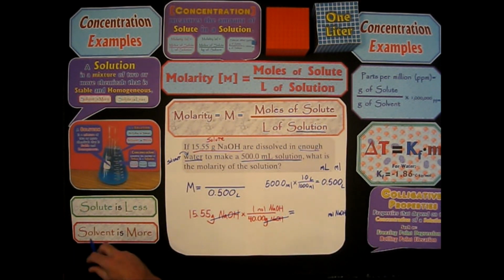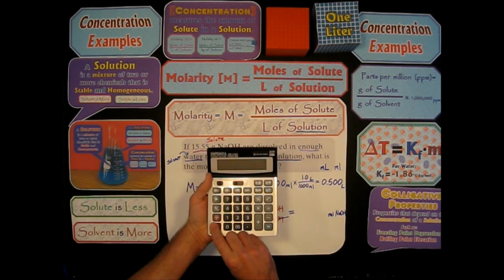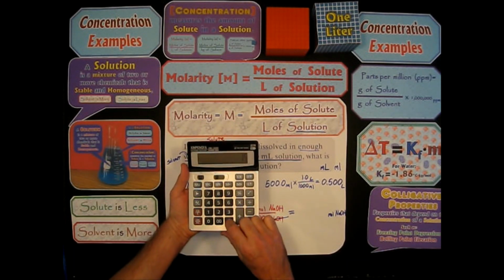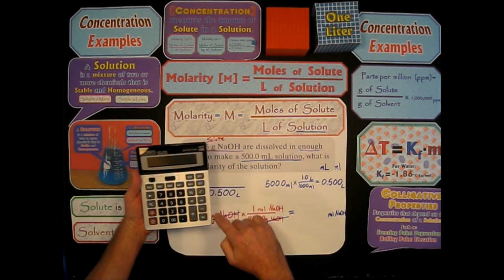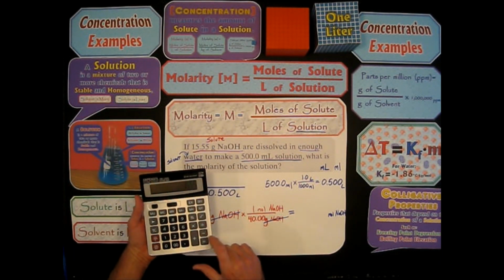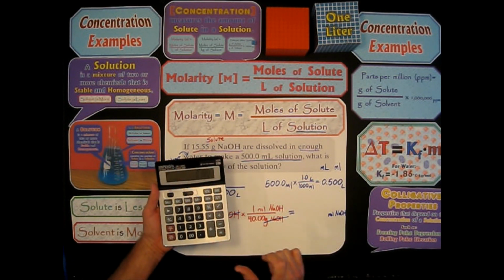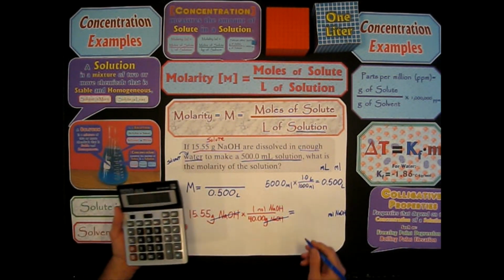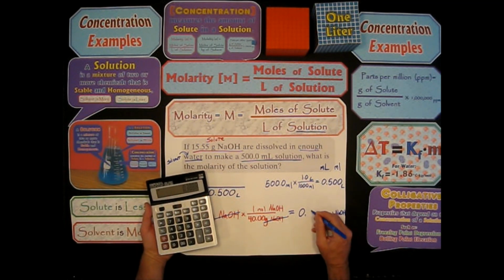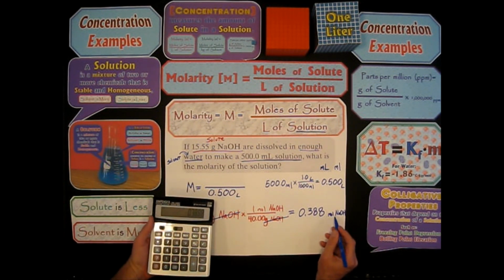Okay, barely fit that. And so let me just divide it. This one isn't easy to do in your head. 15.55 times 1, I'm going to skip that, divided by 40 equals 0.388. And it's moles of sodium hydroxide.